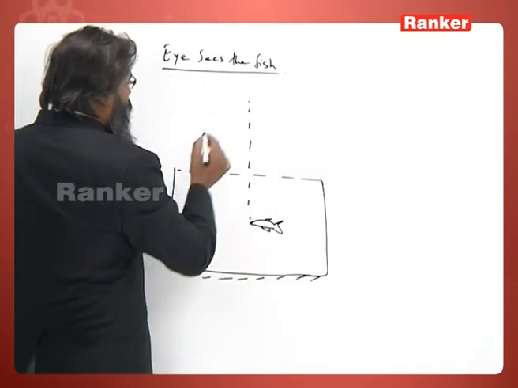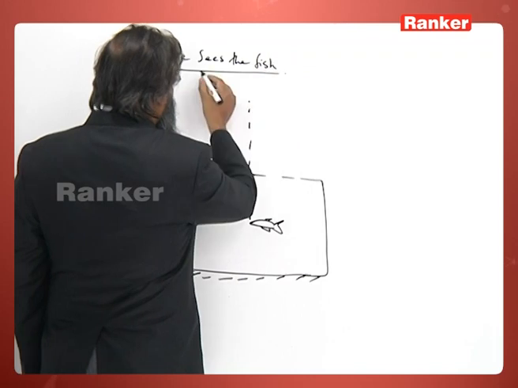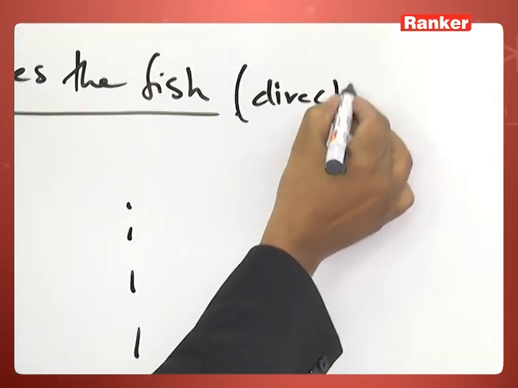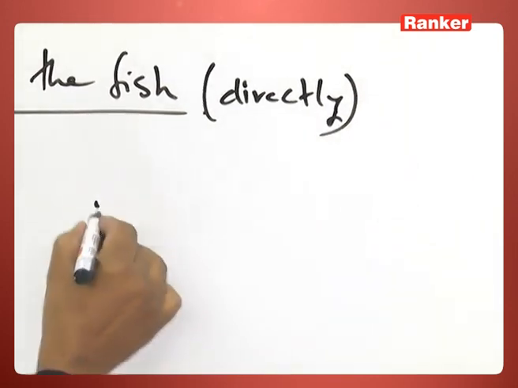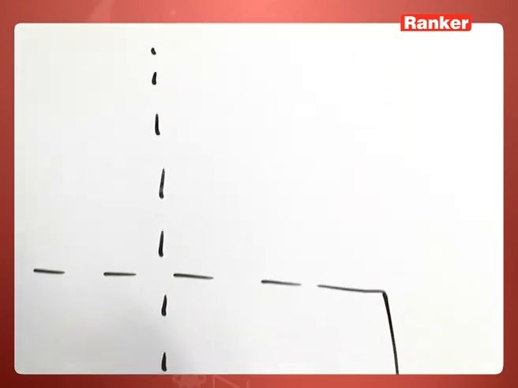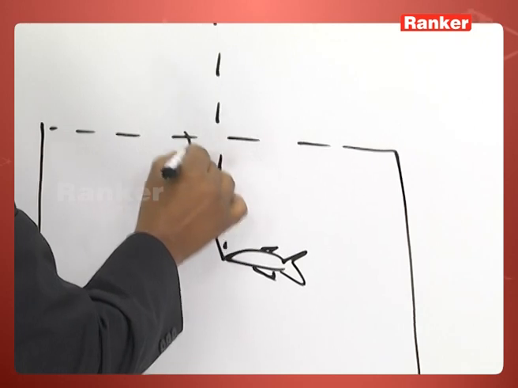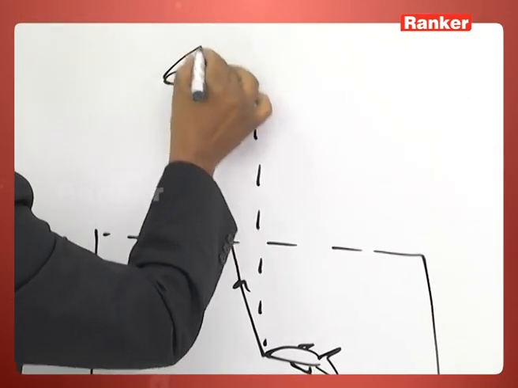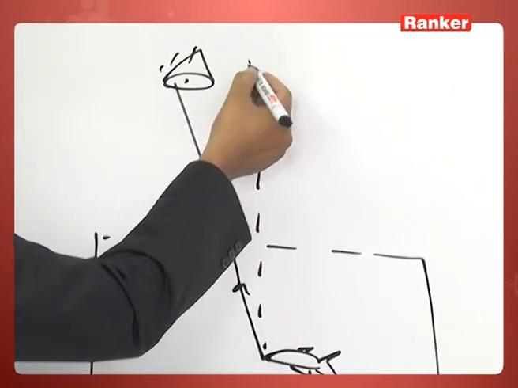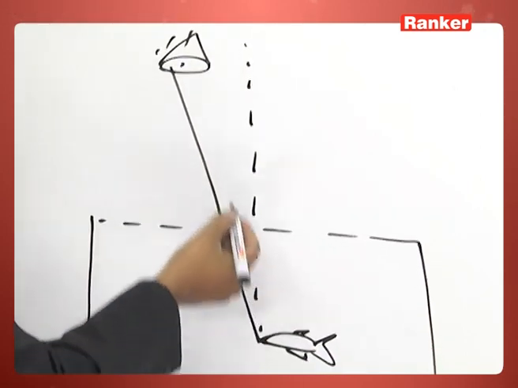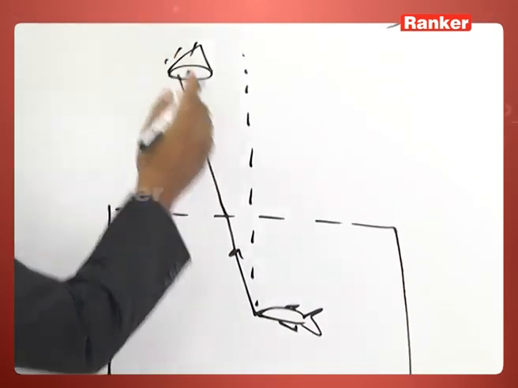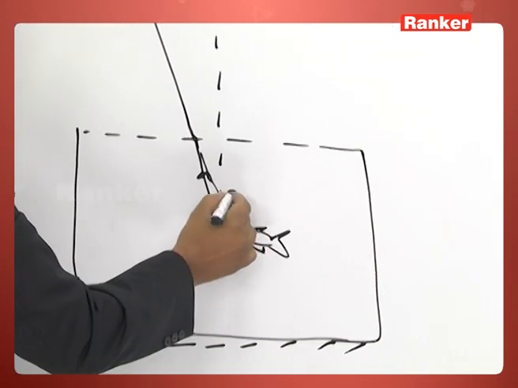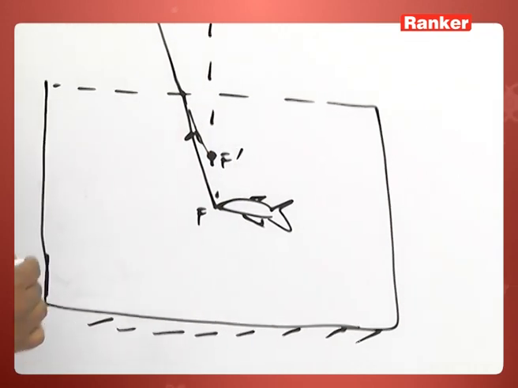Now, here the fish is seen by the eye directly. So if it is seen directly, then a ray goes like this and further bends, and here this is the eye. You see, this eye is here only, but since this is a paraxial ray and an exaggerated diagram, I am showing it here. So this is the fish and this is f dash, the final image formed here.